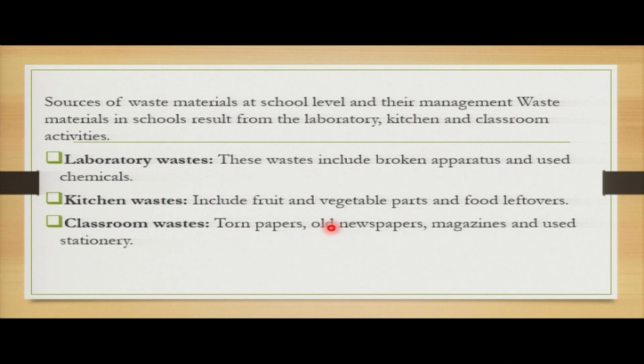Kitchen wastes: the fruits, the vegetables, and the food leftovers. The classroom wastes, those are the torn papers, old news magazines, and used stationery. You'll find them scattered. Those are some of the wastes that are produced within the school. So we need to take note of that.